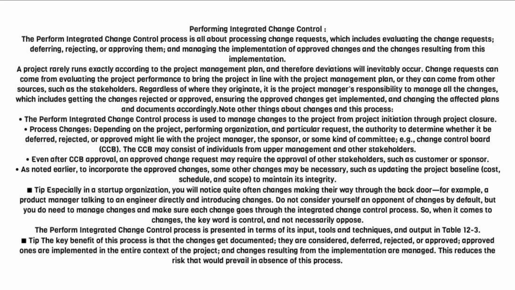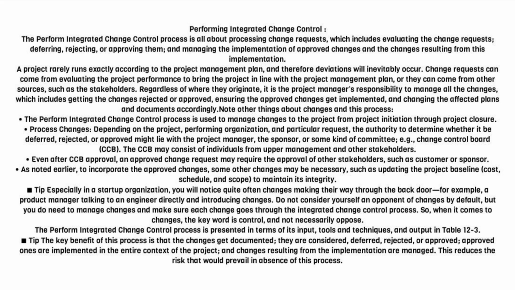Even after CCB approval, an approved change request may require the approval of other stakeholders, such as the customer or sponsor. As noted earlier, to incorporate the approved changes, some other changes may be necessary, such as updating the project baseline, cost, schedule, and scope, to maintain its integrity.